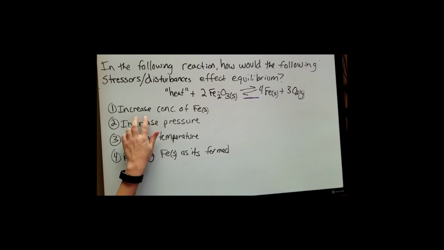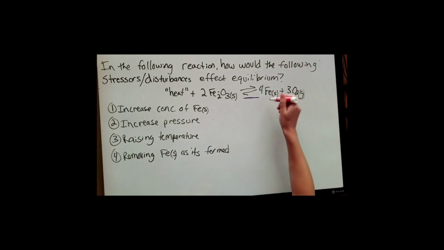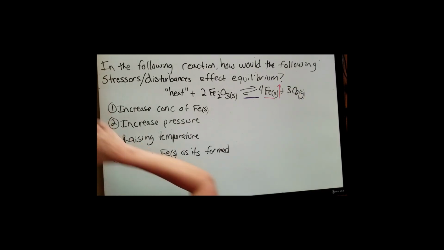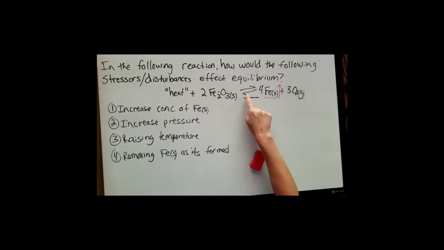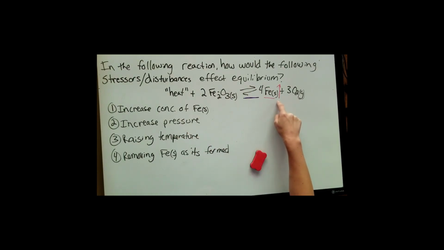But if I wanted to increase the concentration of solid iron, so that means I'm going over here, I'm going to find solid iron, and that means that I am making that go up. So I'm increasing it. I'm adding extra solid iron to the flask. Okay, well, what's going to happen is I have now disturbed the equilibrium. So it's going to shift to fix what I did. So since I added more iron, it wants to get rid of that excess.